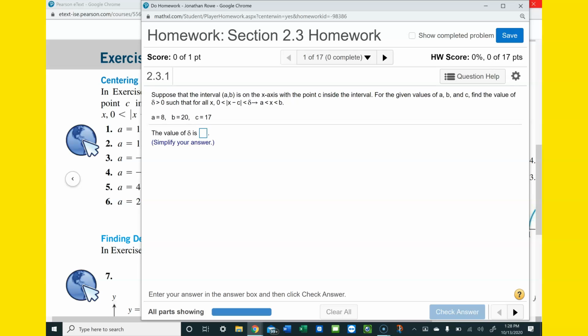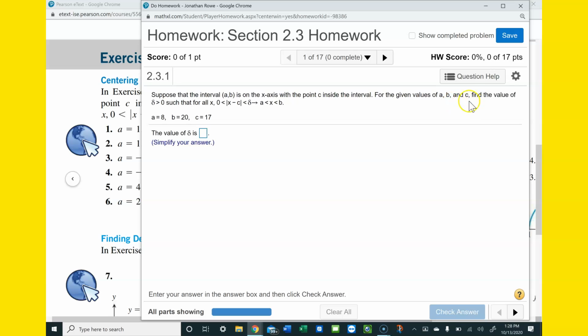But right now I'm just going to do some of the homework problems from section 2.3 so that you'll feel confident about what you're doing on that assignment, so that you can make sure that you're still succeeding on your grades. All right, number 1, suppose that the interval a to b is on the x-axis with the point c inside that interval.